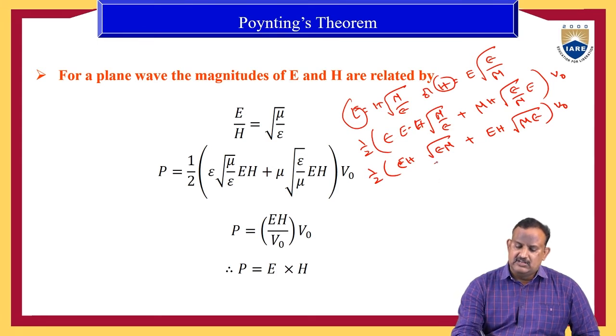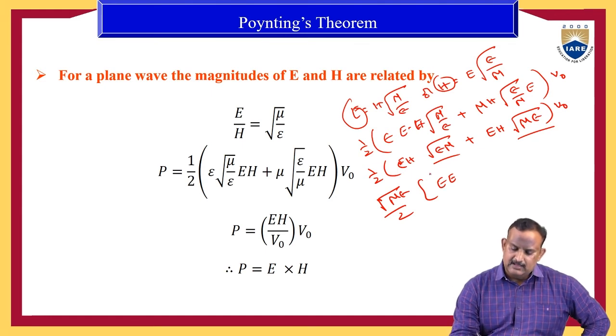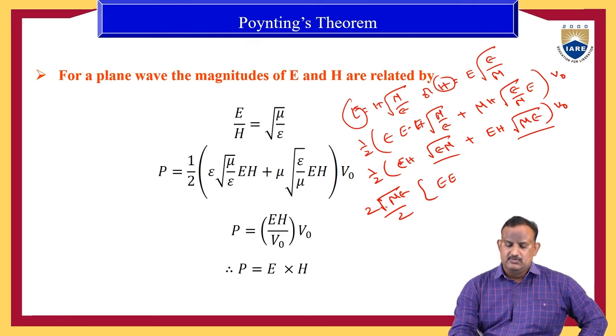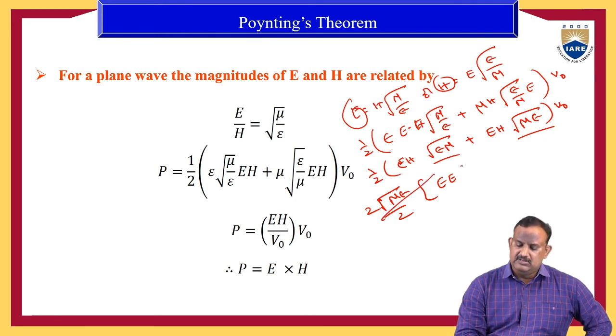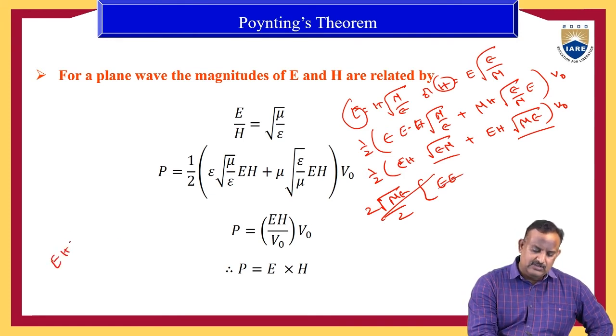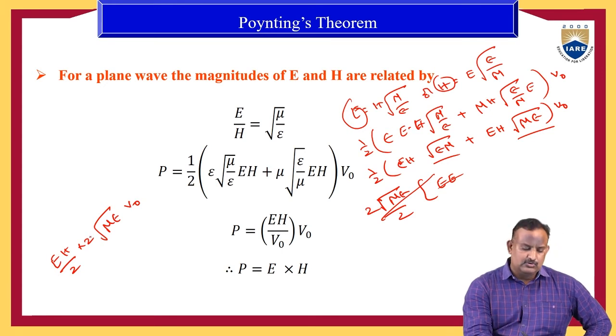Taking EH common, it is EH by 2 into 2 root mu epsilon into v naught, so the 2s cancel each other.